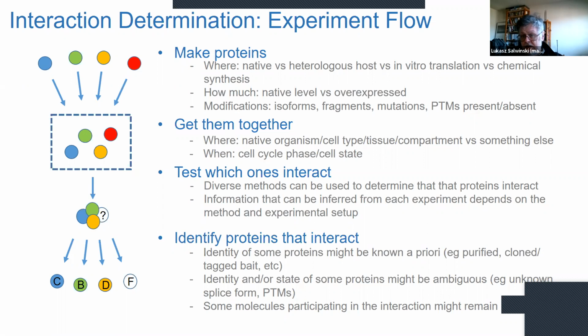But it could be that one protein is made, let's say, in bacteria, in E. coli, purified, and placed on a chromatography affinity column, and then a cell lysate prepared from human cells is poured over that. So then we've got one protein made in E. coli.